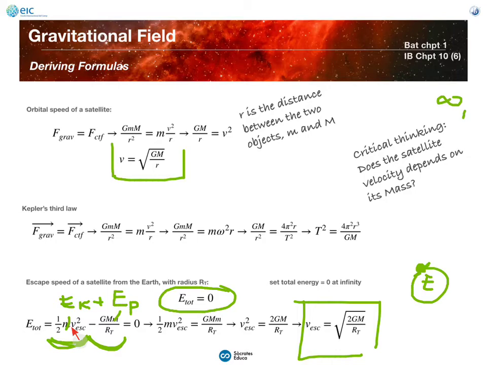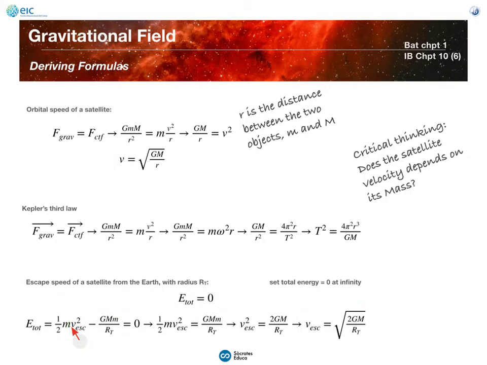Now we're left with the orbital period. When we look at the formula for the orbital period, again you need to compare the gravitational force, which is the one responsible for the movement, with the type of movement that the satellite is making. The satellite is on a circular orbit.